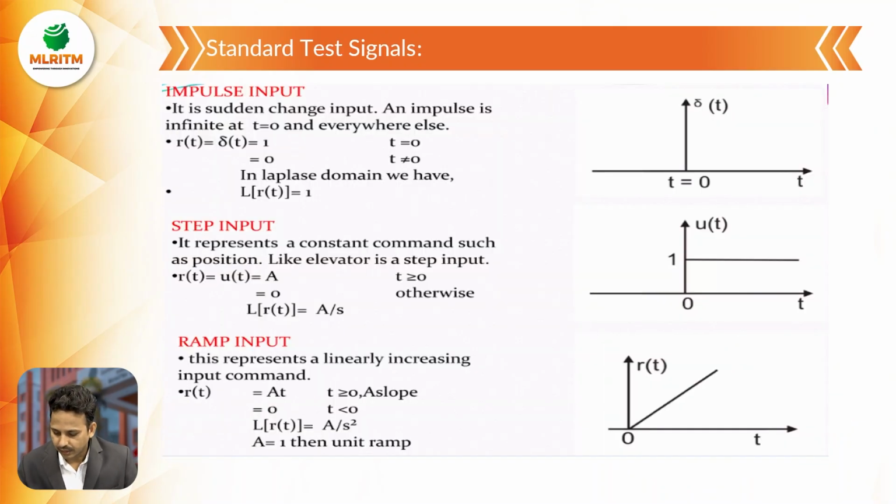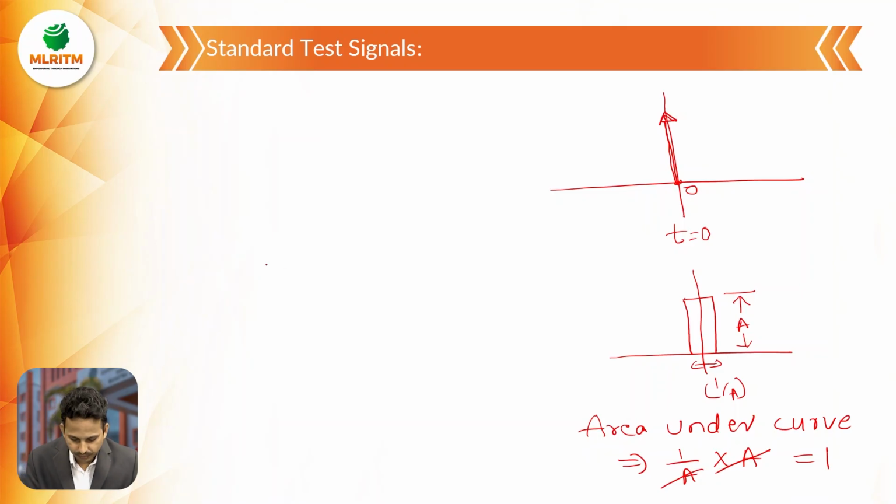See here, at t is equal to 0, the signal exists. Elsewhere, it is 0. So the Laplace transform of r of t is 1. So the Laplace transform of the impulse signal is 1.